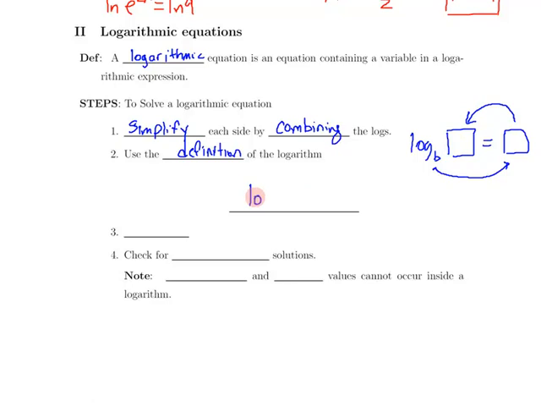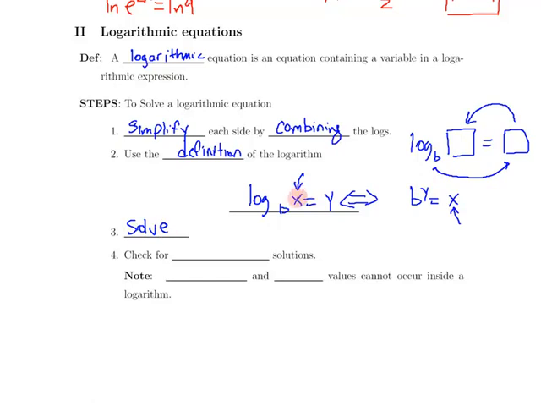So if you have log base b of x equals y, remember that's the same thing as b to the y is equal to x. Once you do this, if the logarithm had the variable inside, then that variable is going to be right there.